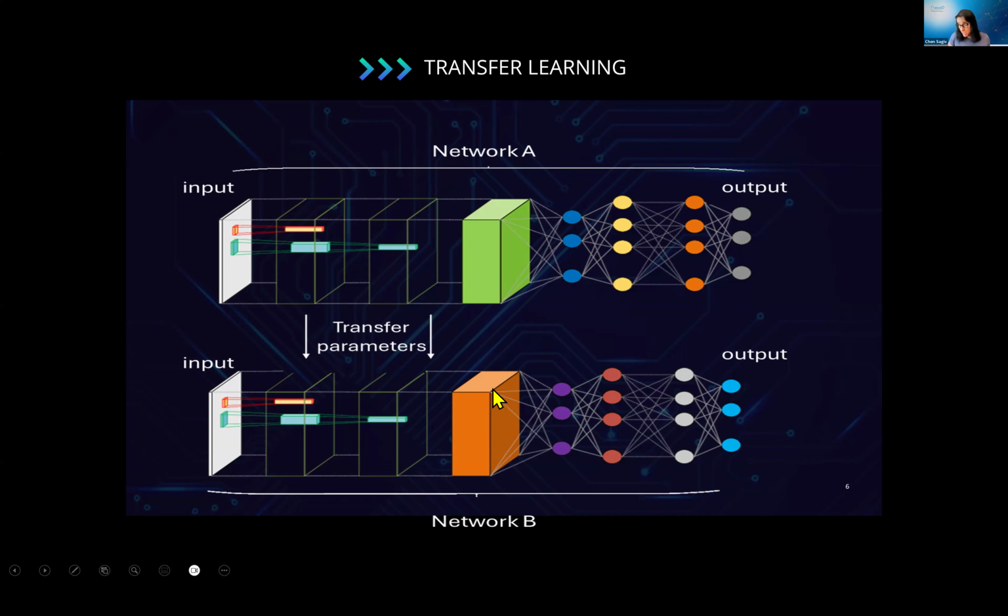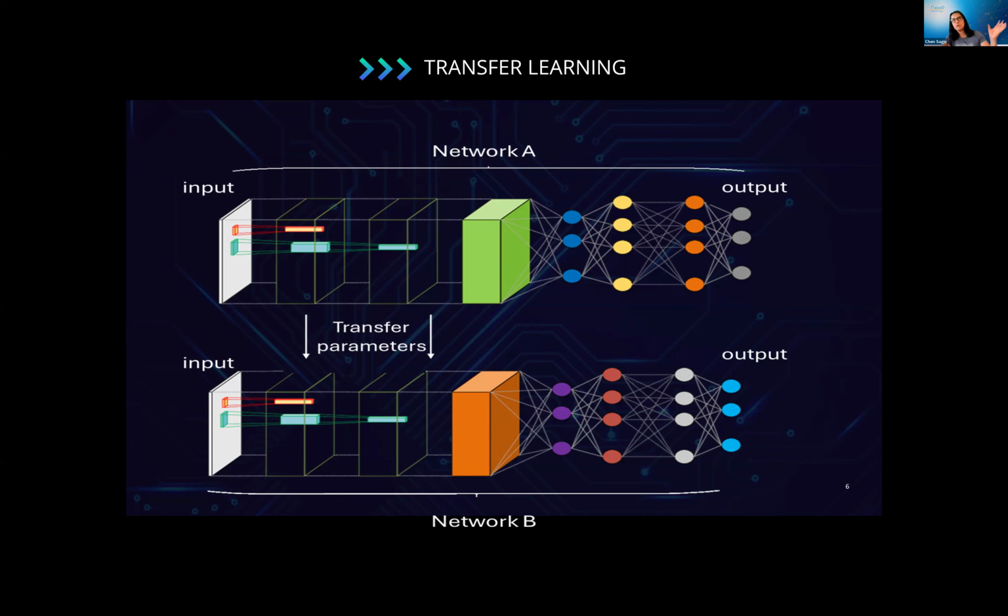I have a box of parameters, the layers taken from network A. Maybe I can only train this decision-making part of the neural network to make the right decision for pathology images. And this approach is working.